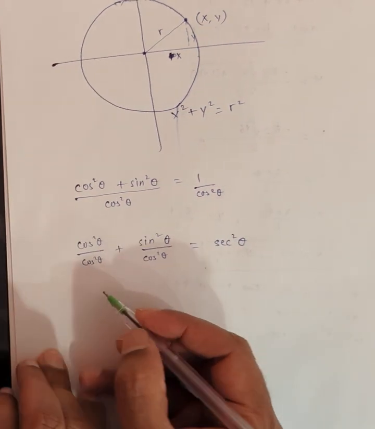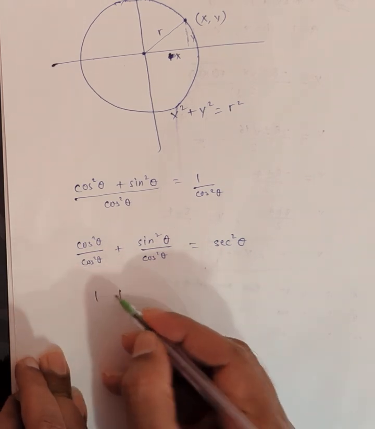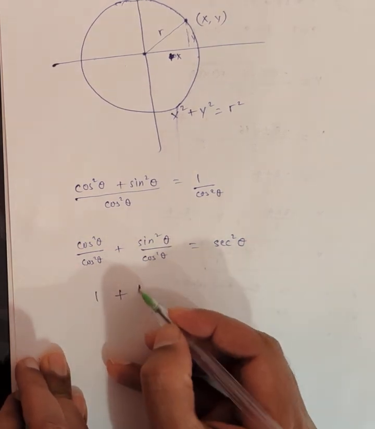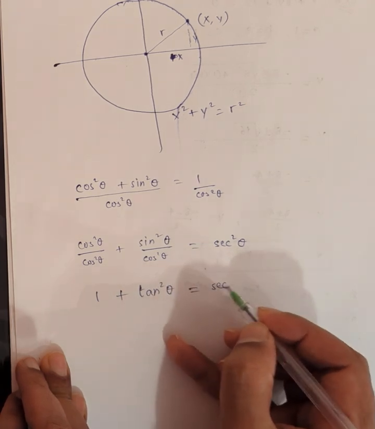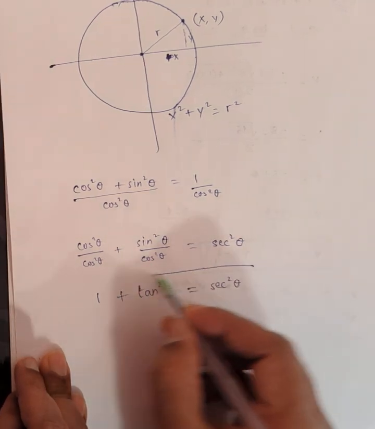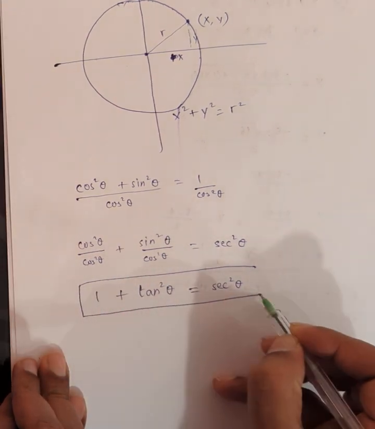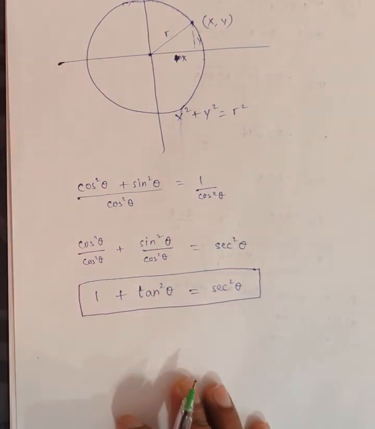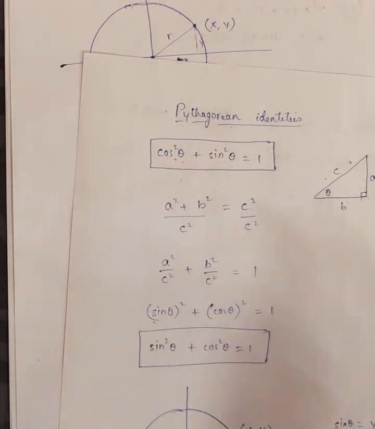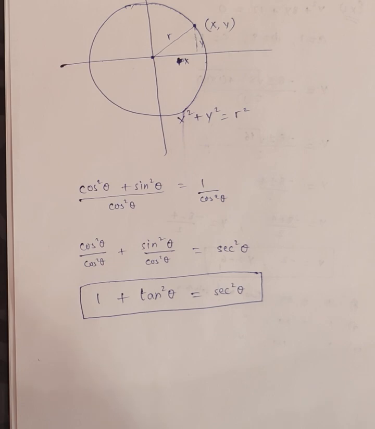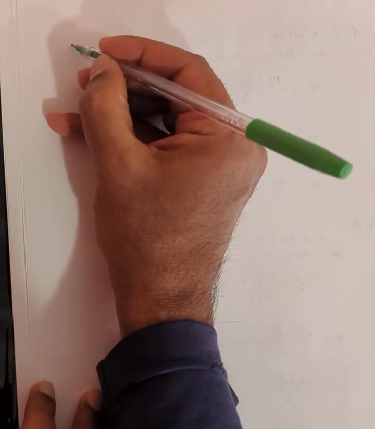Cos square over cos square is just 1, and sine square over cos square is tan square. So 1 plus tan square equals secant square theta. Now if you remember this, that's good, but definitely the first one is the most important one. You can always derive the other two simply by dividing both sides by cos square or sine square.